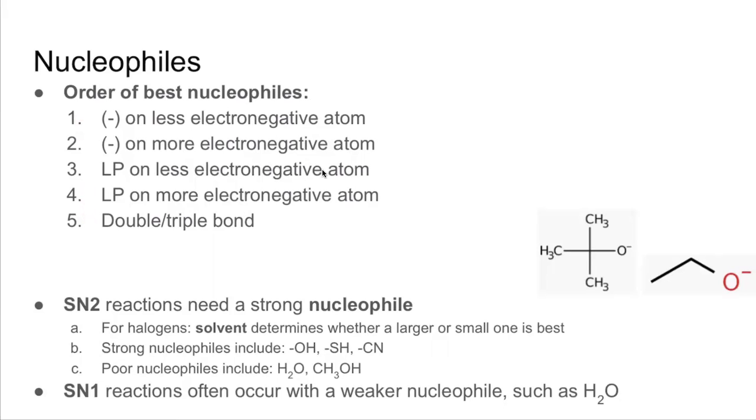Something you're going to want to keep in mind is that nucleophiles are better, or stronger, if they are unstable. For leaving groups, you want them to be stable with a negative charge. For nucleophiles, you want them to be unstable, because unstable atoms or molecules are more reactive and more likely to attack something.